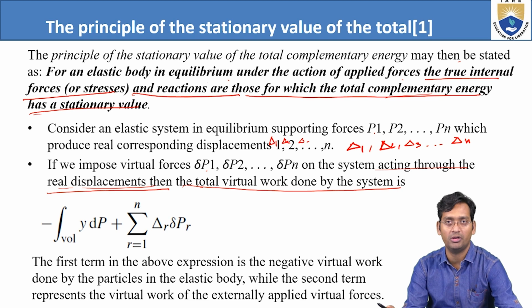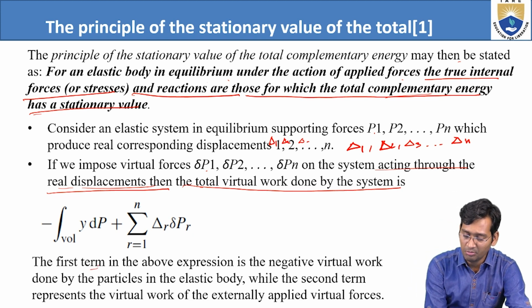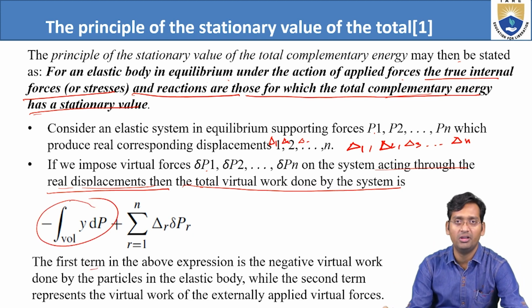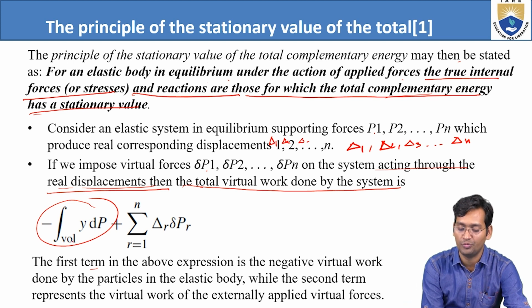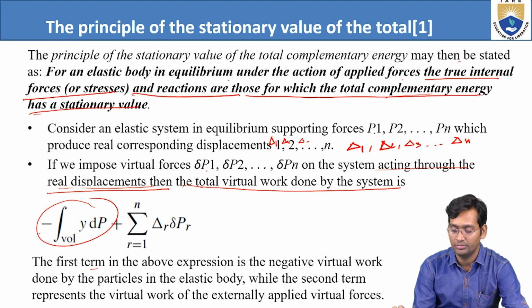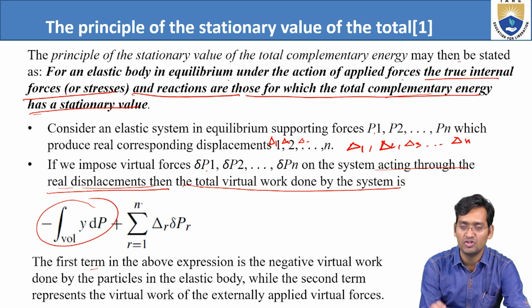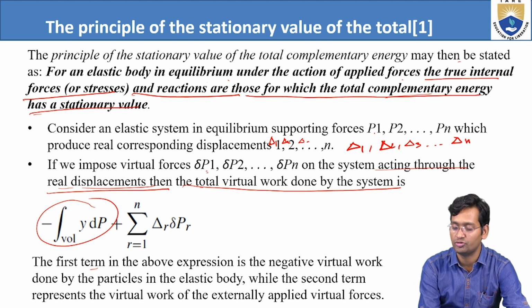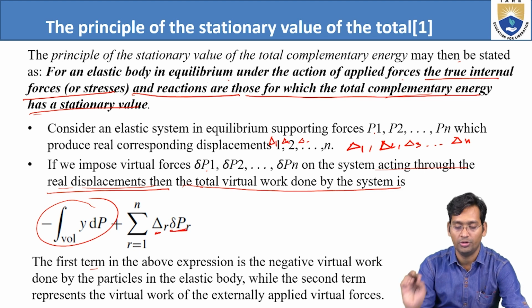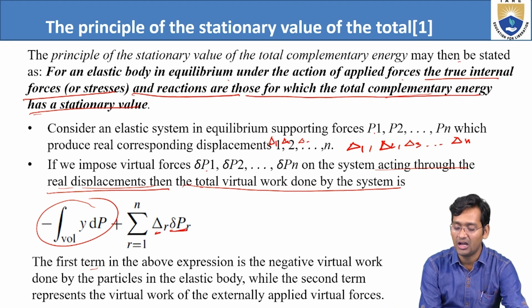We get the complementary energy that will be stored, that is, over the entire volume. So that's why it's negative, and R equals 1 to n for all, because there are R forces in total. So deflection into load will be the only work done. So delta PR stands for what? R equals 1.